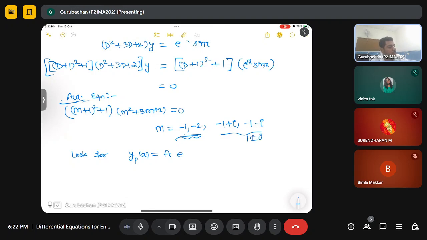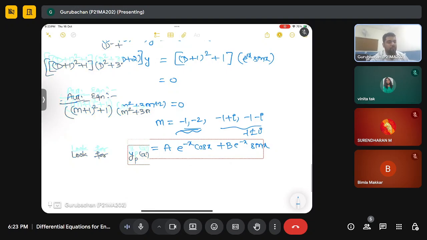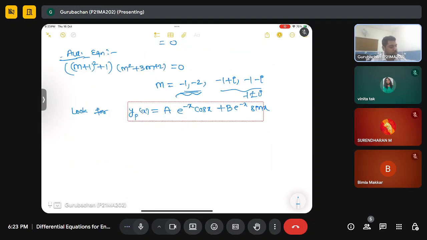We may write it as a e to the power minus x cos x plus b e to the power minus x sin x. We need to put this yp in the given second order differential equation, compare, and find out these arbitrary constants.